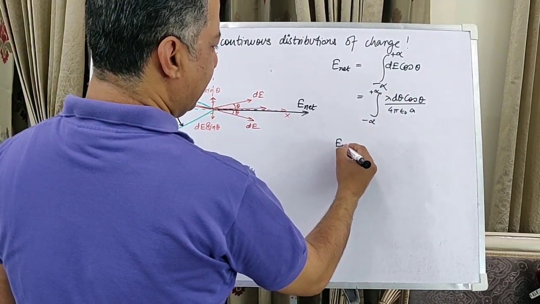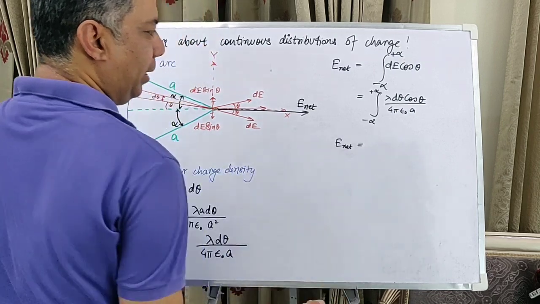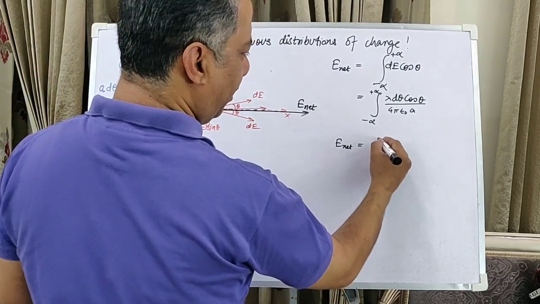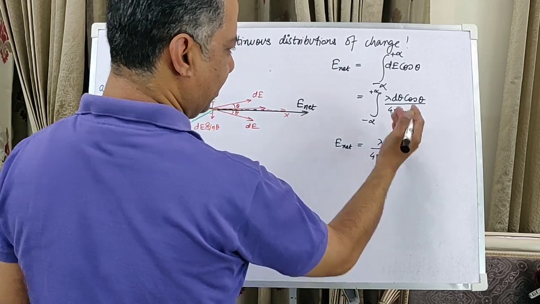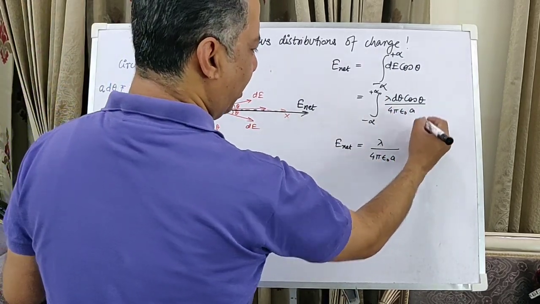This E net then equals lambda by 4 pi epsilon naught a, which comes out of the integration.